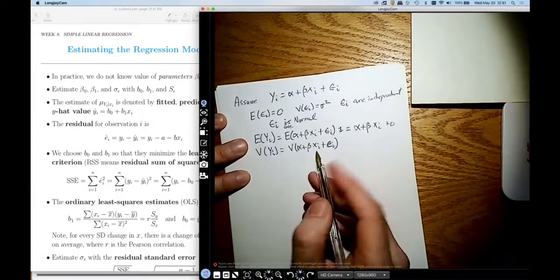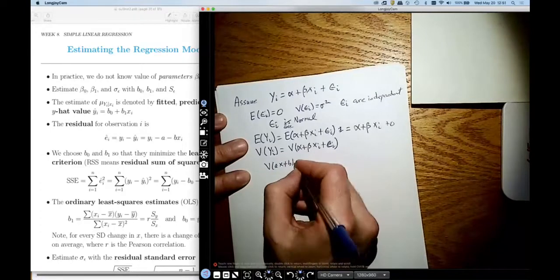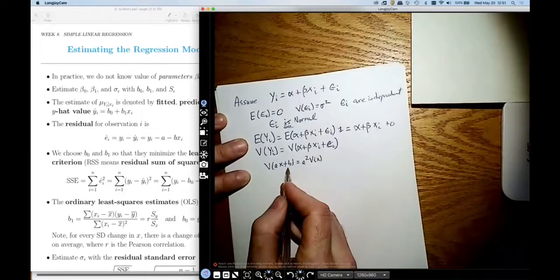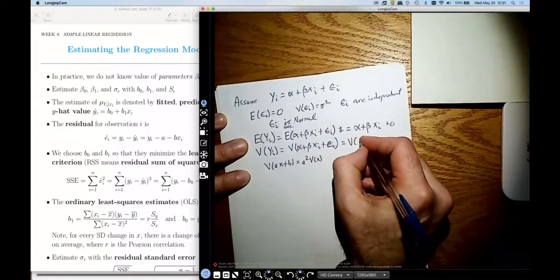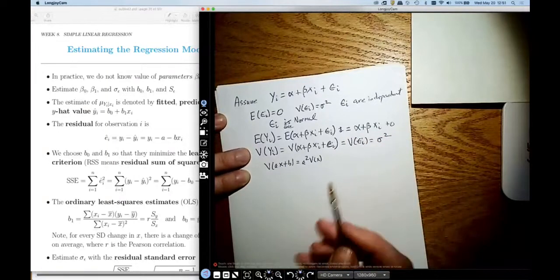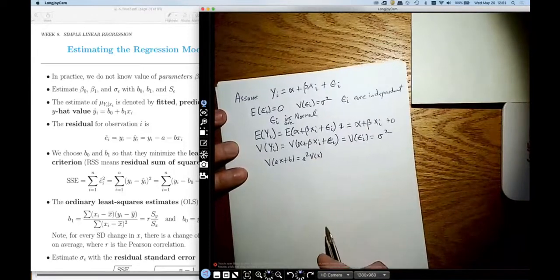And so if you remember, the variance of ax plus b is just a squared times the variance of x, so that the constant goes away. So this whole thing goes away. So this is just the variance of my errors, which I've assumed to be sigma squared. So these are two things that we're going to need later on, but I just thought I would derive them now. So what is least squares?